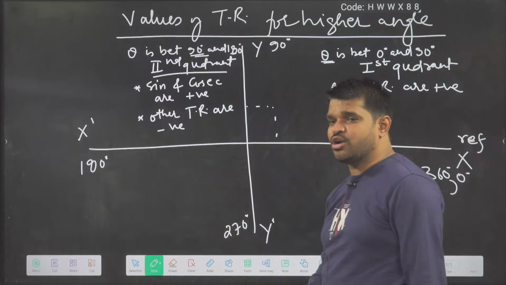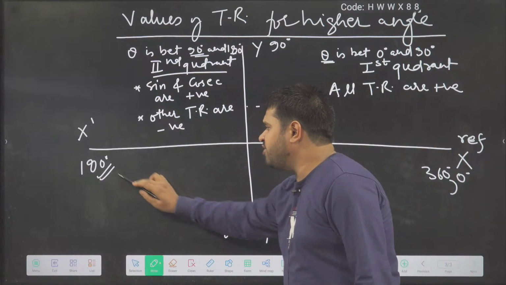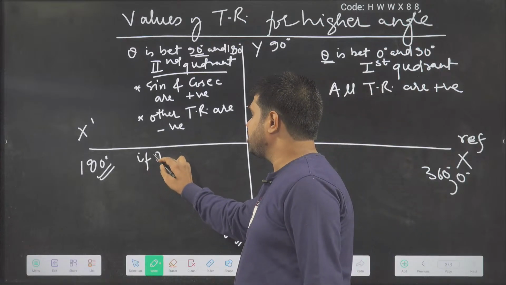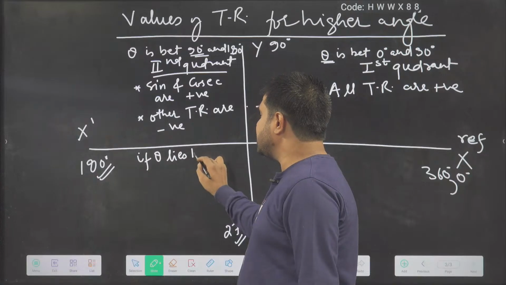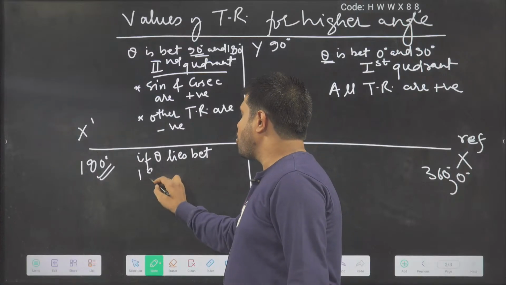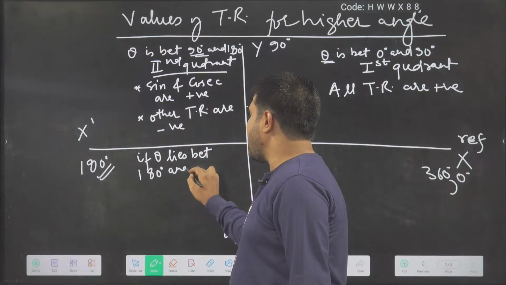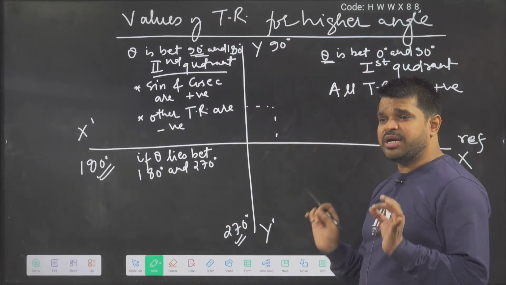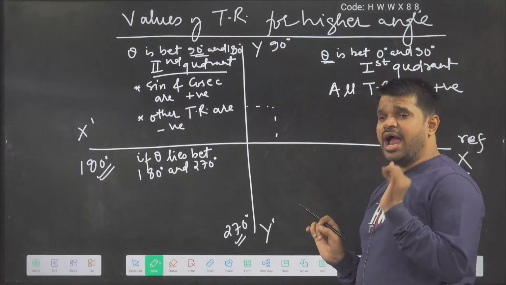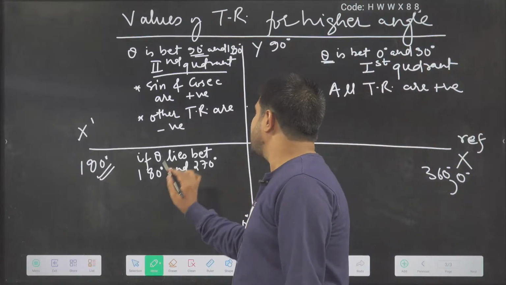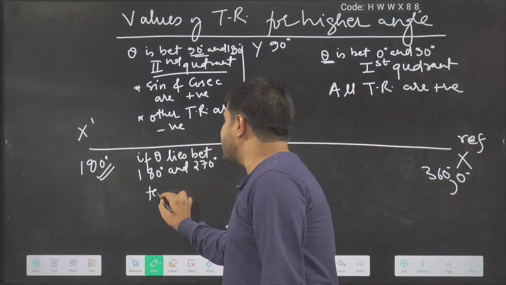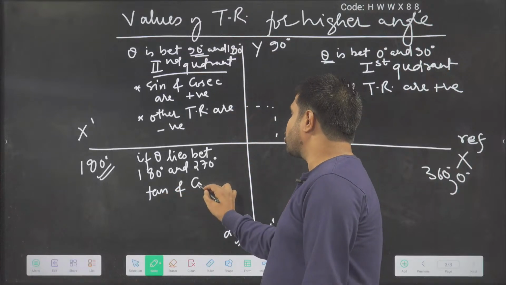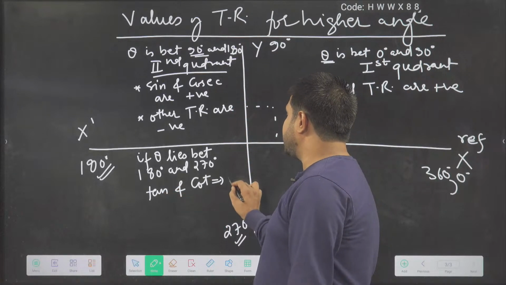Suppose I reach the third quadrant, where the angle lies between 180 degree and 270 degree. If the angle lies between 180 degree and 270 degree, then what happens? Tan and the reciprocal of tan, which is cot, are positive.